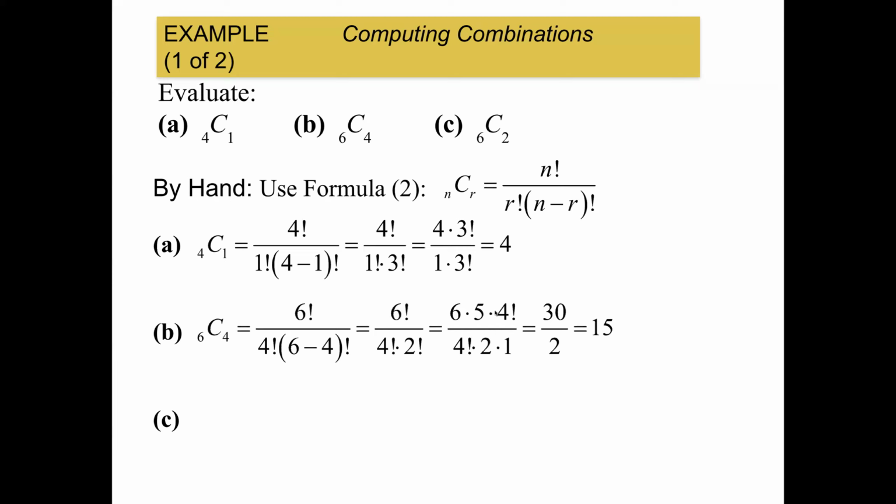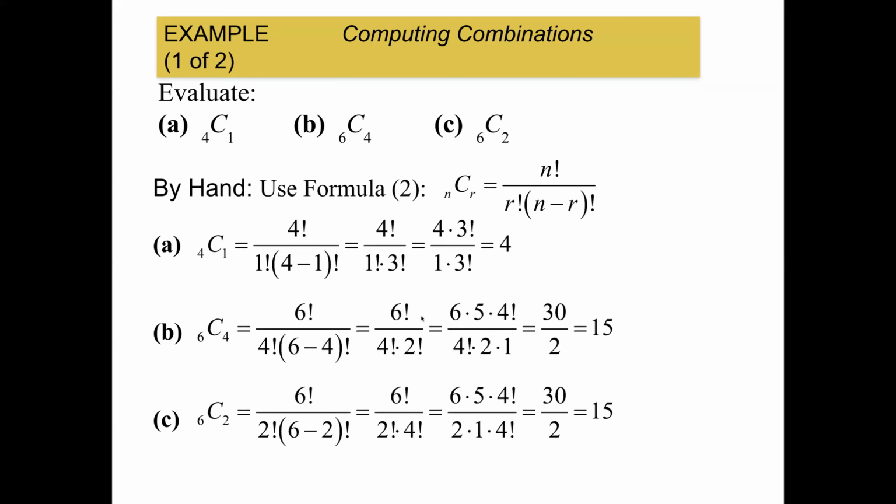It's 6 times 5 times 4 factorial over 4 factorial times 2. The 4 factorials get crossed out, you have 2 left, so that's 30 divided by 2, which is 15. You can choose 15 different groupings of 4 from 6 where order doesn't matter. Then from a distinct group of 6, how can we choose 2 where order is not important? We get the same answer here.